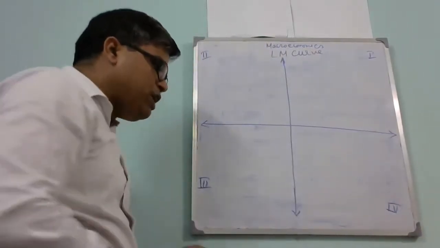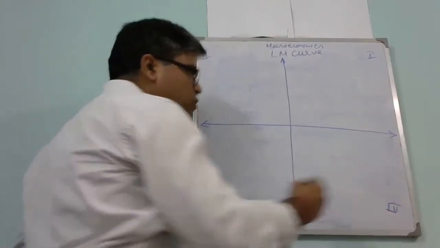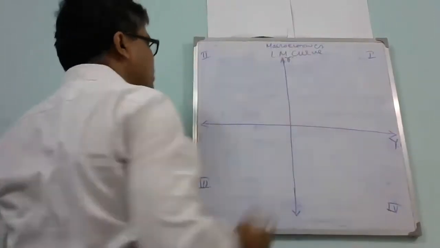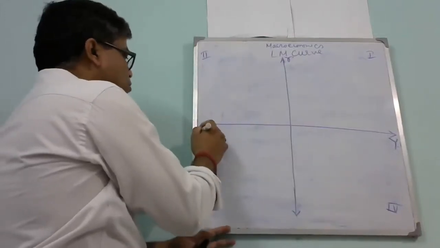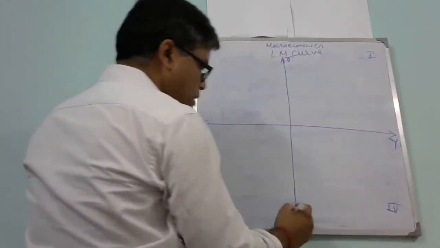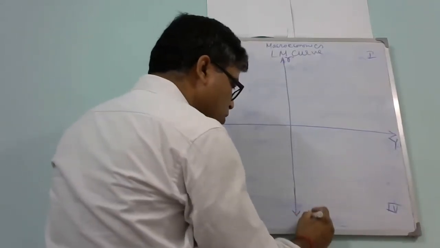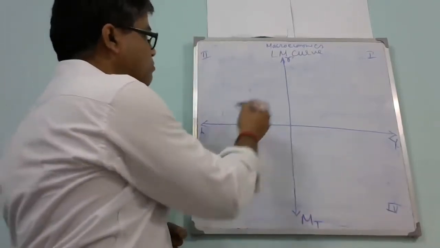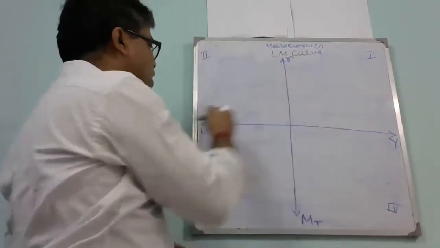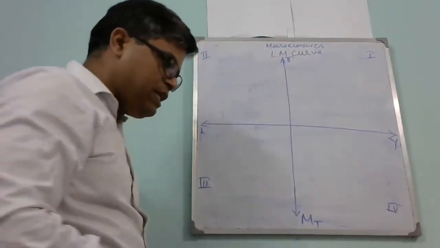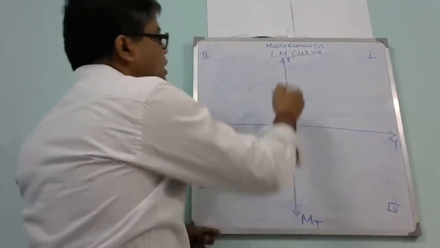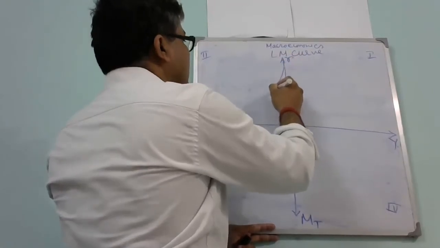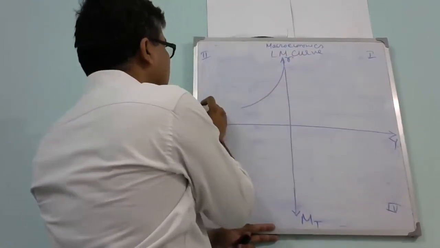Now, in which quadrant do we measure what? Here we measure Y, and here we measure the rate of interest. The rate of interest is related to L, and this is the total transaction demand for money, MT. What kind of relation is there between R and L? There is an inverse relation, as we have seen.